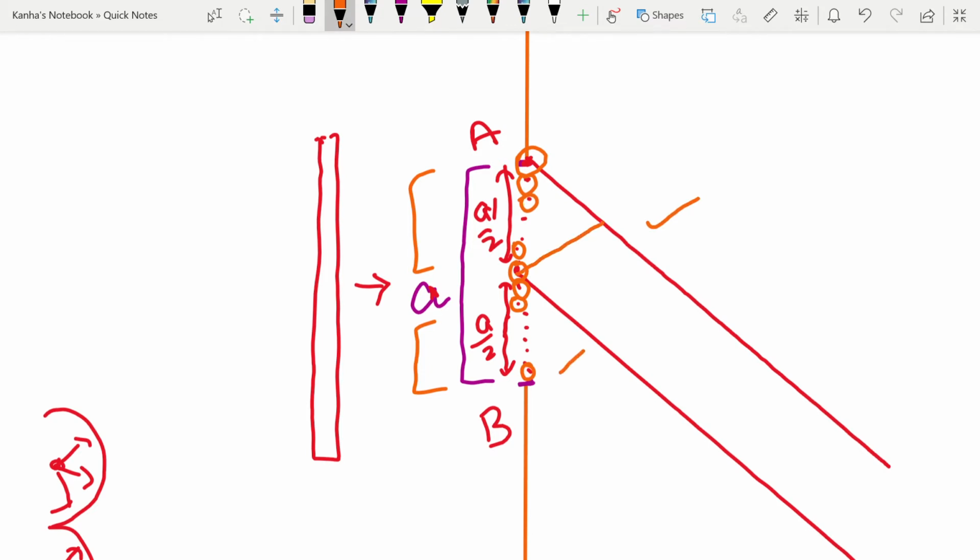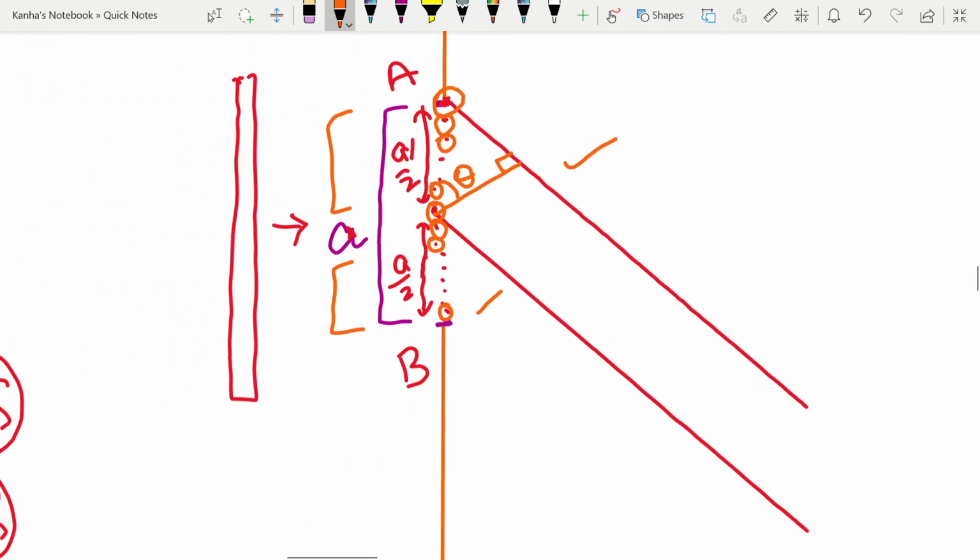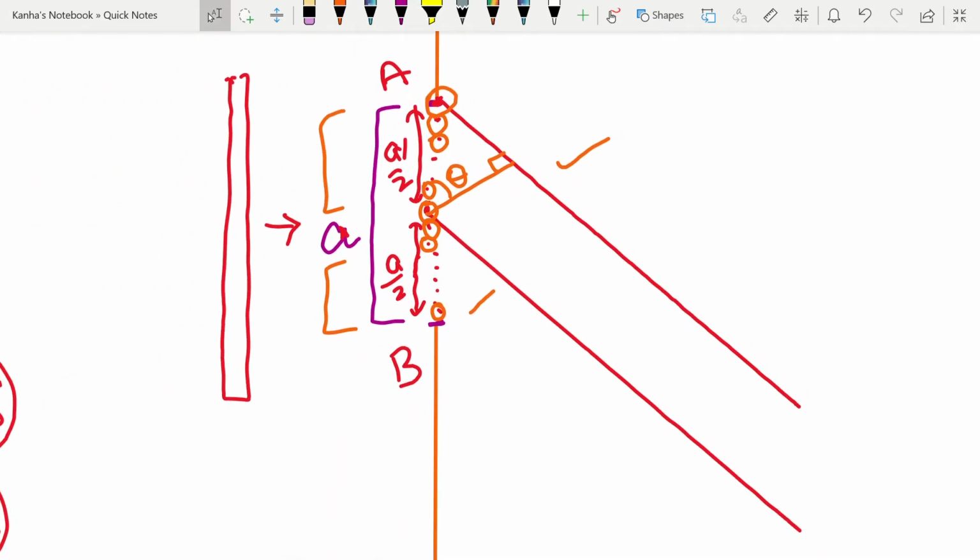With this in your mind, let's see what is the path difference between these two. To find the path difference, I make this angle to be 90, and then this is my angle theta, and for me to get a minima at some point P, I have that this path difference is nothing but lambda by 2 or multiples of lambda by 2, and I already know that this distance between these 2 points is equal to a by 2.